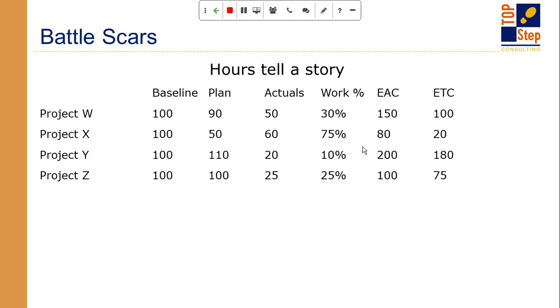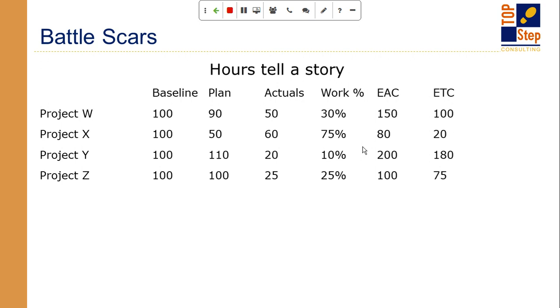On Project X, I had already gone over the budget that I poorly planned with the 50 hours, but I am cranking on the work so that my work is 75% complete. So if you look at this number and the way the actuals are working out, even though it looks bad because I'm over on my actuals, if you factor in the work percent complete progress, I'm actually expecting to finish this project at 80 hours.